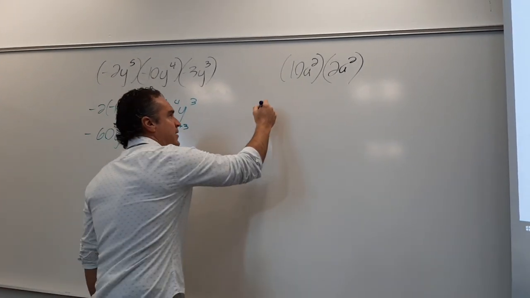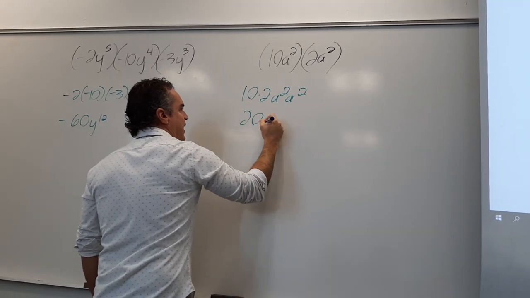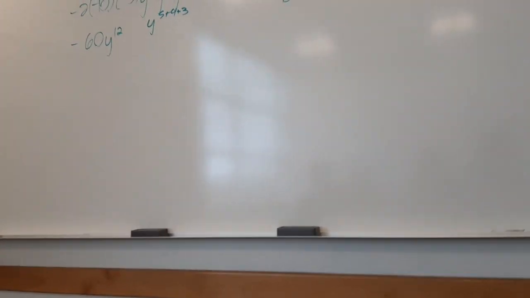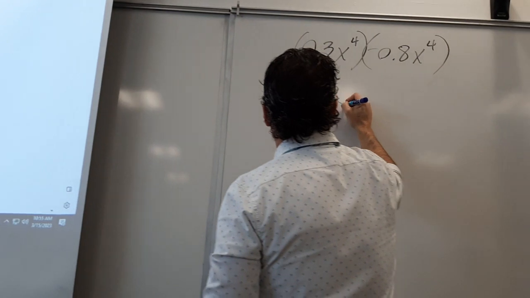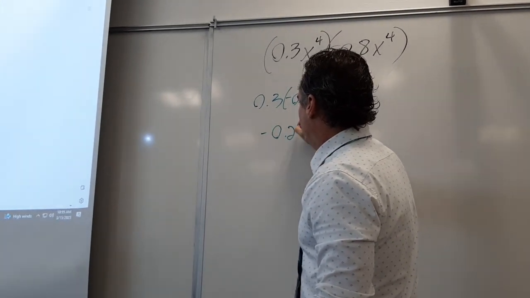Okay, this one, again, 10 times 2, a to the second makes 20, a to the fourth. Say woo if you got it right. Ooh, good job. And then over here, you have 0.3 times negative 0.8, which you put in a calculator, and you're going to get negative 0.24.